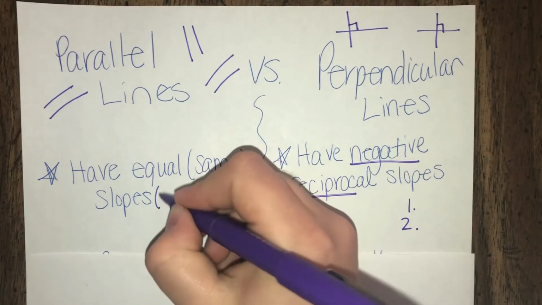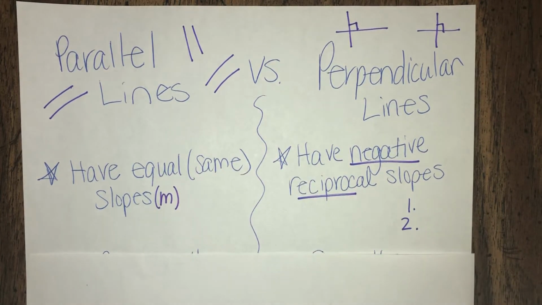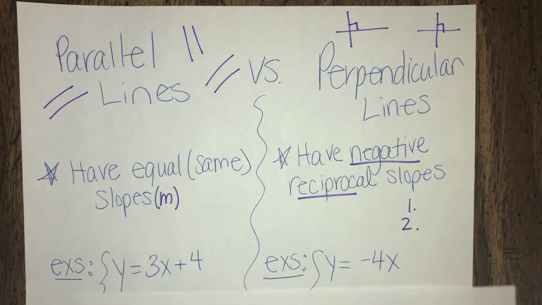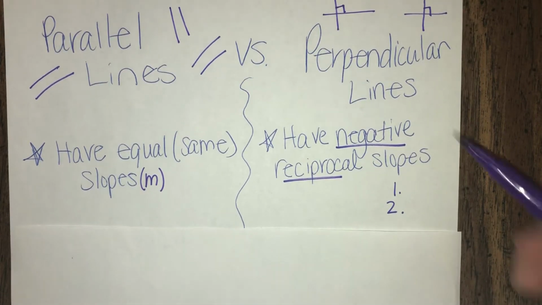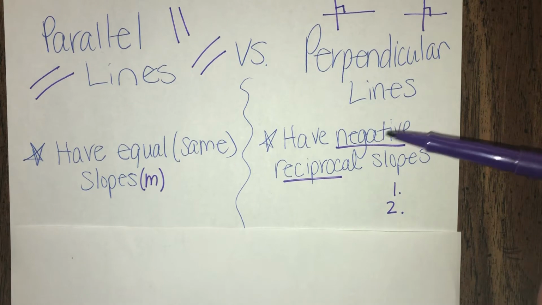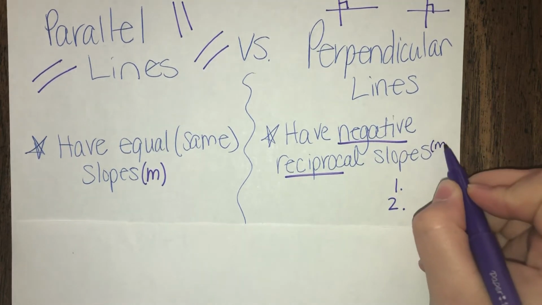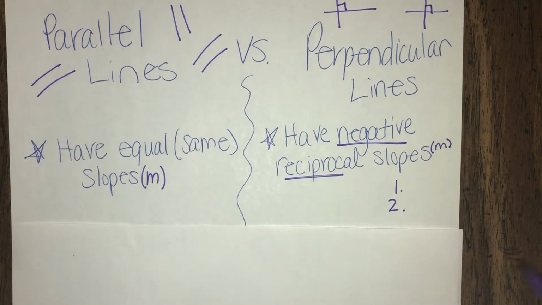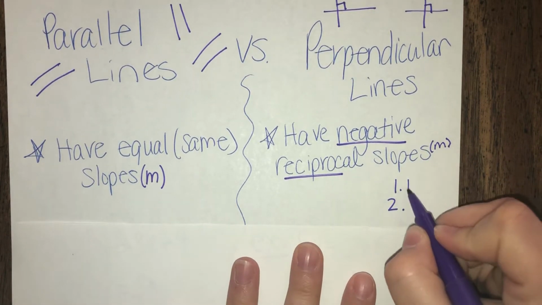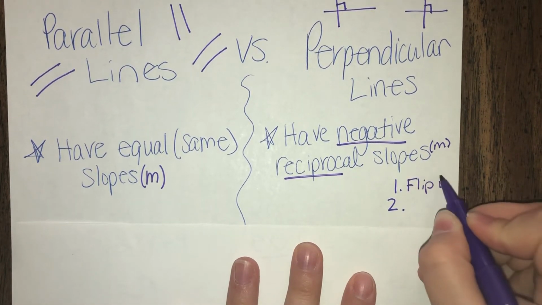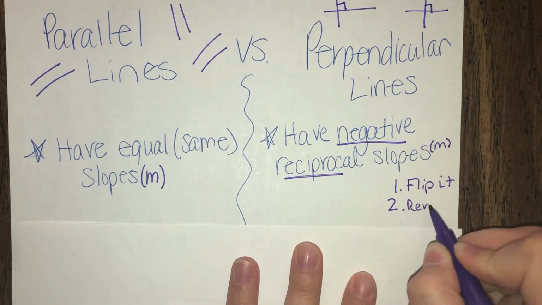And remember, your slopes are those m values within an equation. They're movements. Your perpendicular lines are lines that have negative reciprocal slopes, which means your m's are going to have values that are flipped and reversed.